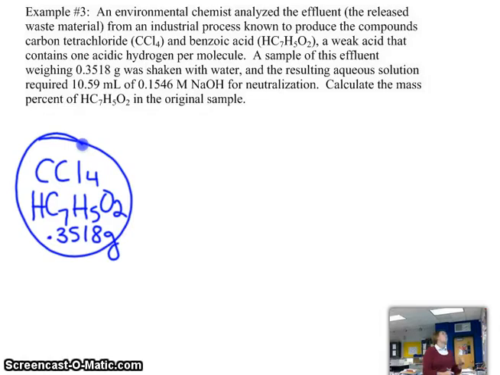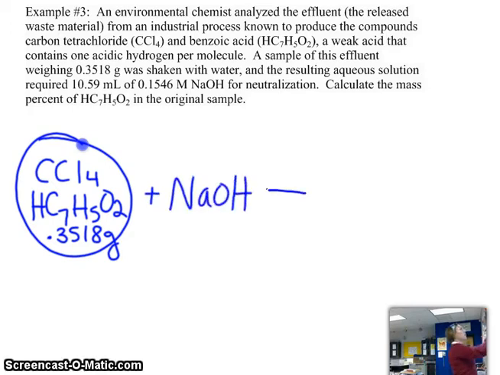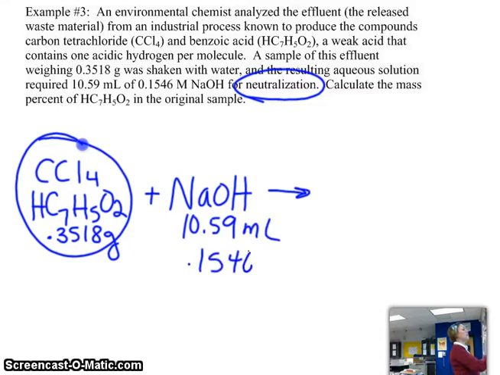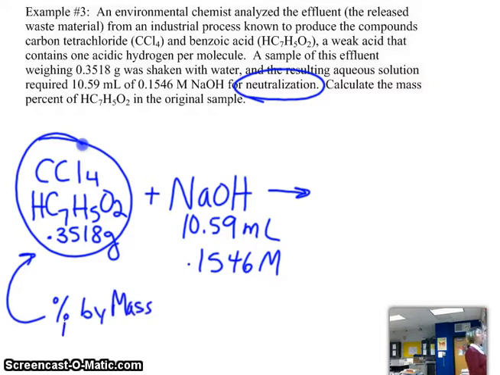So this whole thing weighed 0.3518 grams. They dissolved it in water, and then they titrated it with some NaOH. So they took this and they reacted it with NaOH for neutralization, which certainly implies that the NaOH reacts with the acid in this effluent. It took 10.59 mL of 0.1546 molar NaOH. Calculate the mass percent. So they want the percent by mass of the HC7H5O2.